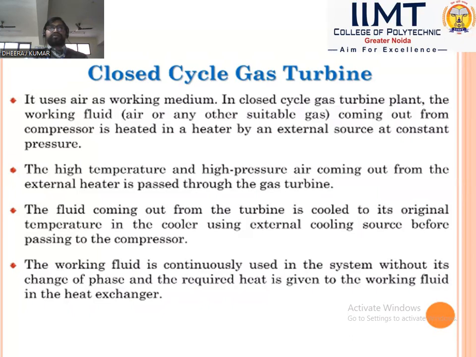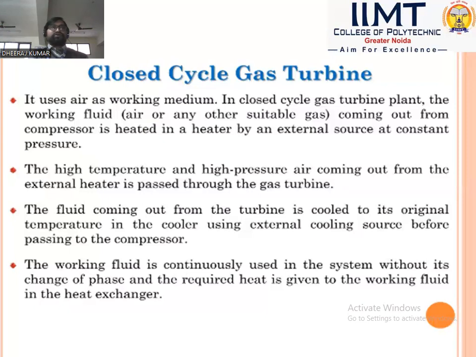In a closed cycle gas turbine plant, the working fluid, air or any other suitable gas coming out from the compressor, is heated in a heater by an external source at constant pressure. The high temperature and high pressure air coming out from the external heater passes through the gas turbine.